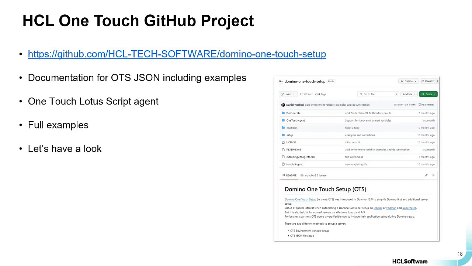Those examples and some additional code snippets are probably more helpful than the reference. A reference always lists all the parameters, but it doesn't tell you how to use them. So this repository has some documentation, it has full examples, and it also has some additional resources, which I explain in a minute.